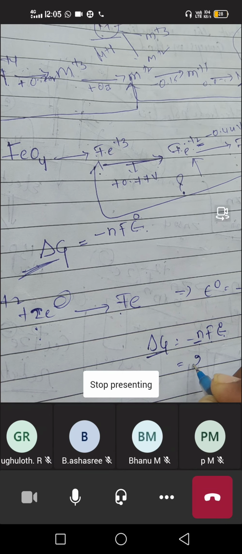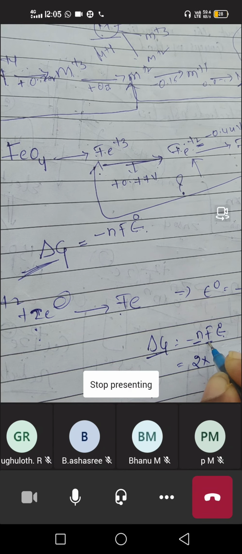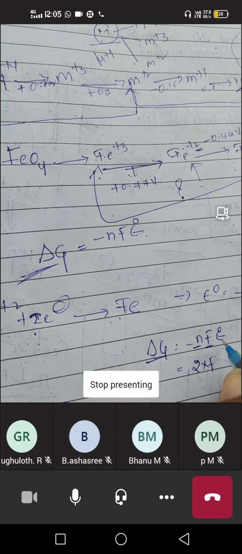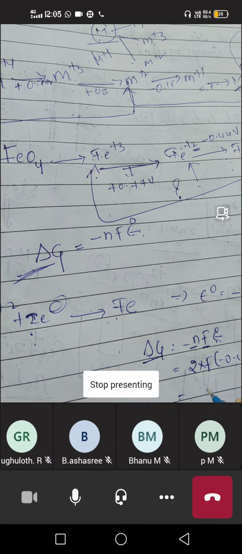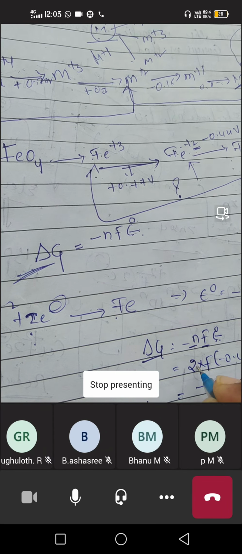So 2 into F, and E naught is minus 0.44. Minus 2 into 0.44 means minus 0.88 F. So delta G is equal to minus 0.88 F when Fe plus 2 is converting into Fe. There is another half reaction, that is Fe plus 3 converting into Fe plus 2.